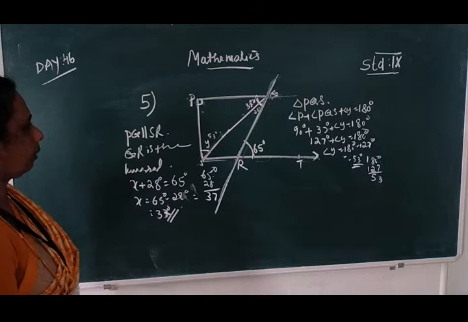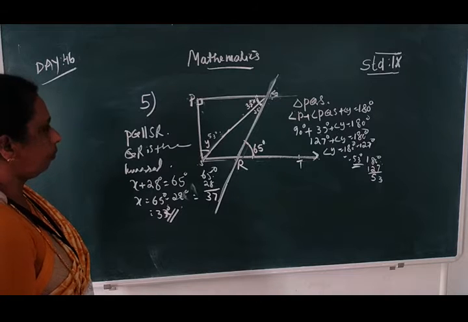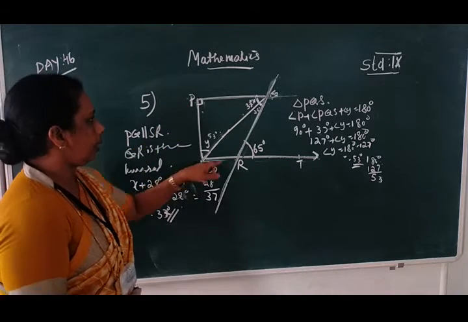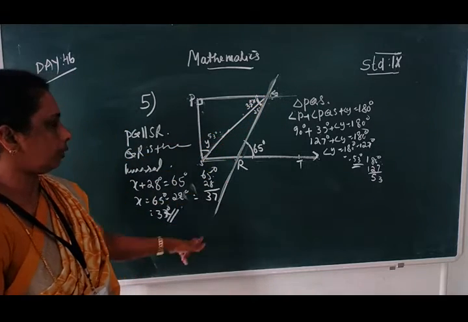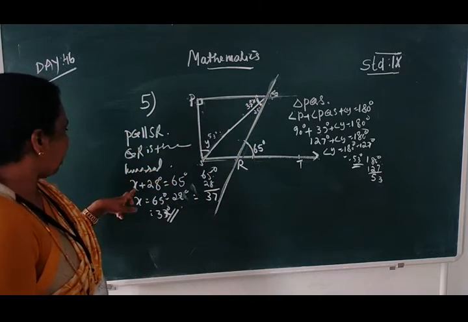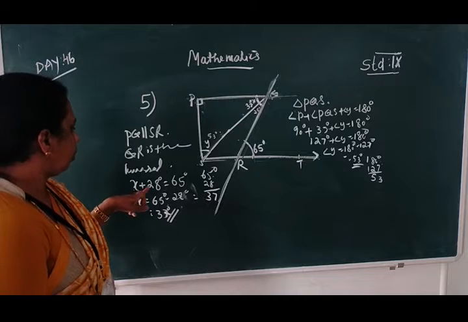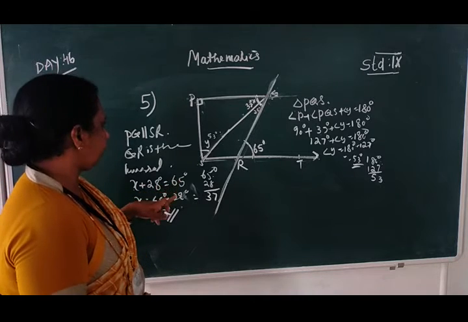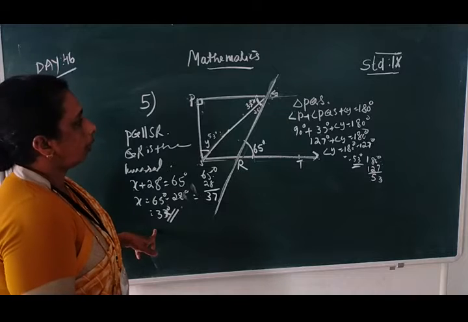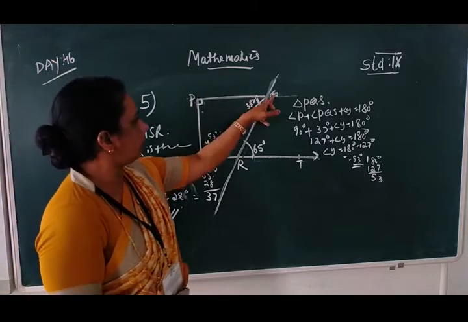One more time. PQ is parallel to SR and QR is the transversal. Alternate angles are equal. Angle X plus 28 degrees is equal to 65 degrees. From that we find angle X. Then consider triangle PQS.